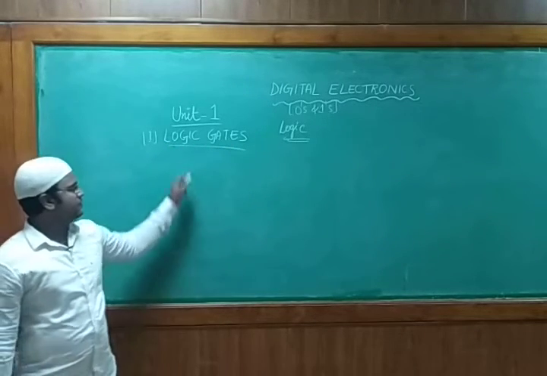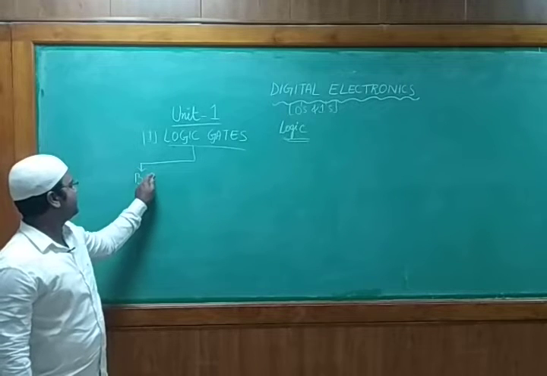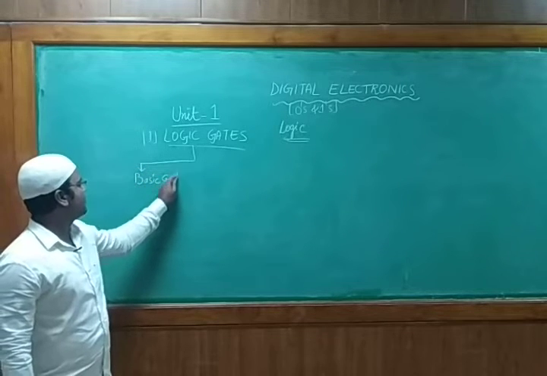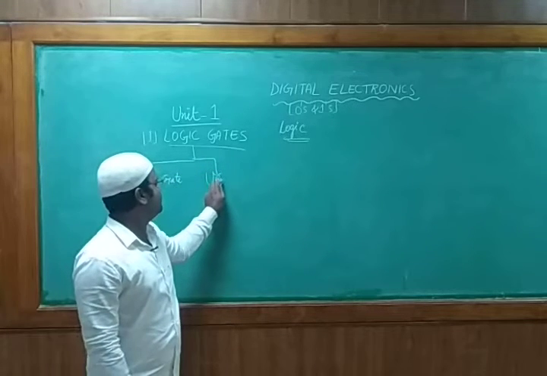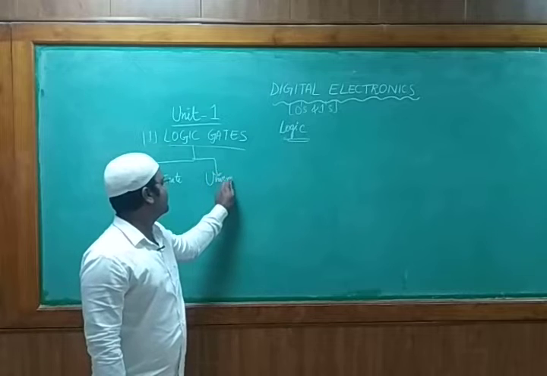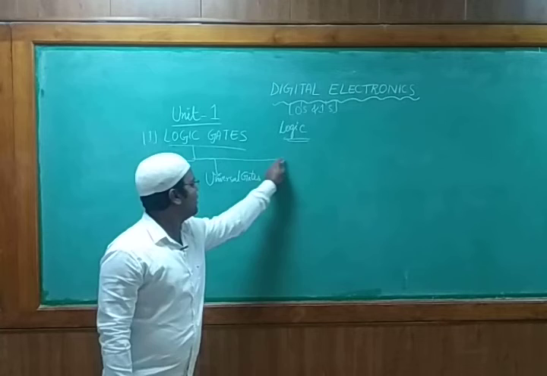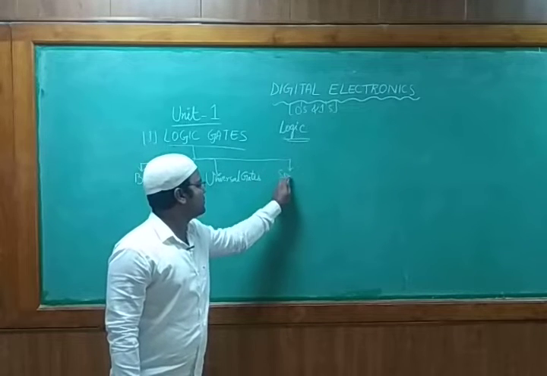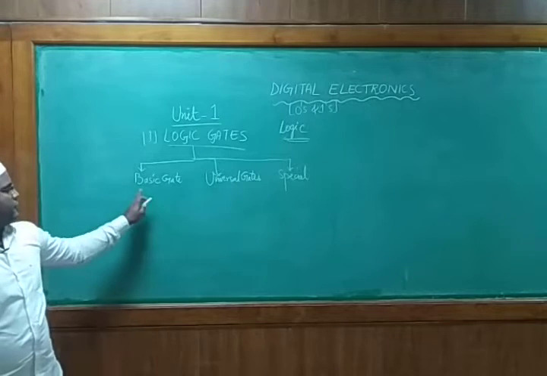three types of gates. First is basic gates. Then the second category is universal gates. And the third category is special gates. So what is the meaning of basic gates?